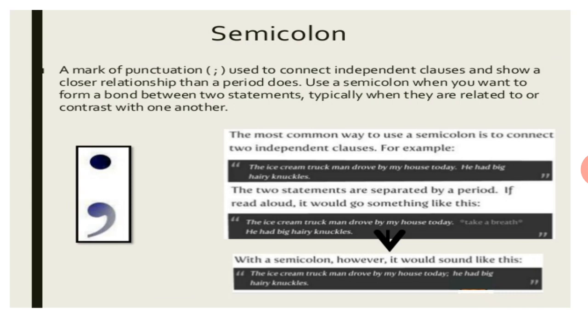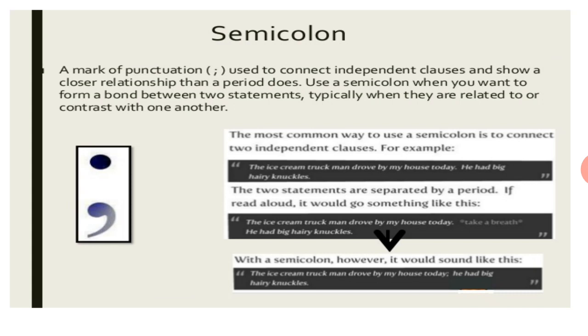With a semicolon, however, it would sound like this: the ice cream truck man drove by my house today; he had big hairy knuckles. Got it?